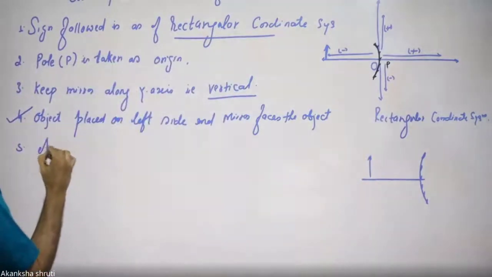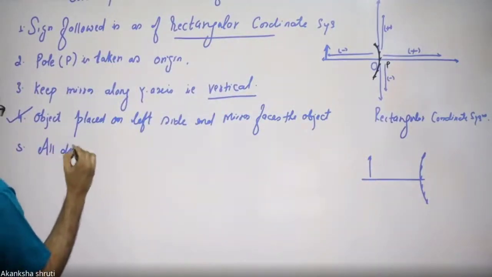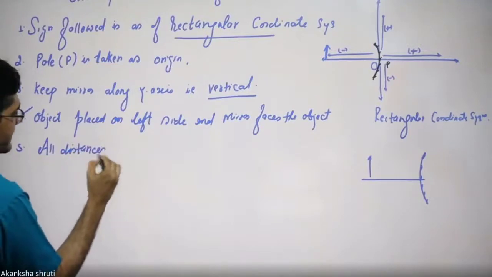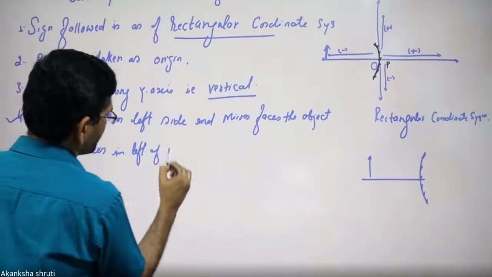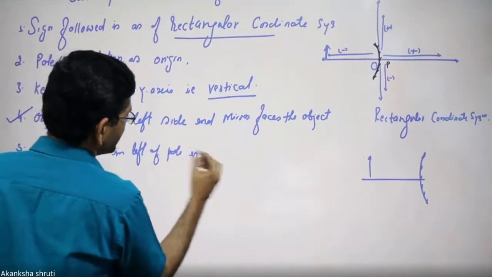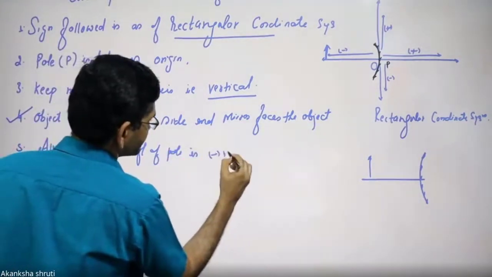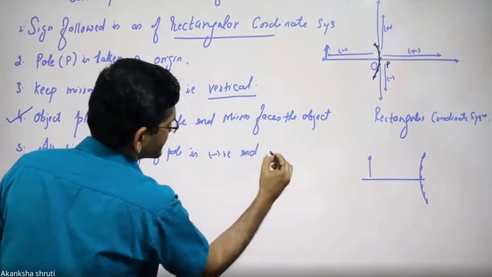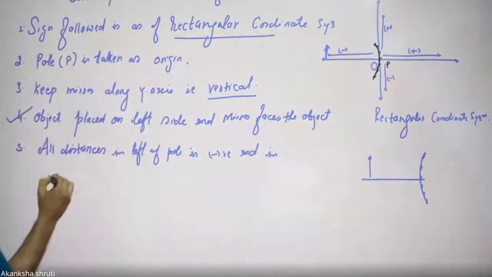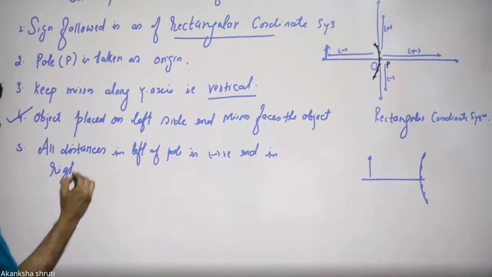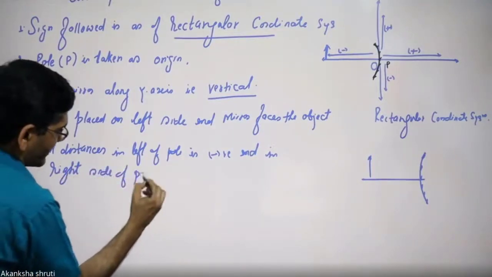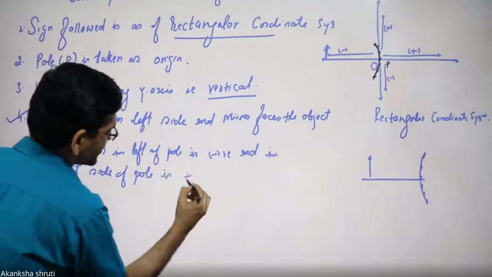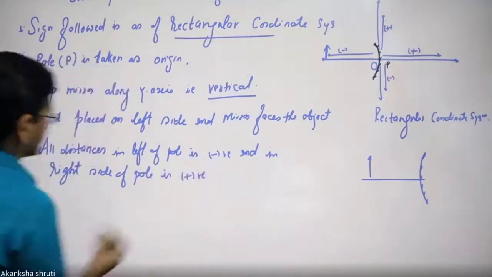So write all distances in left of pole is negative and in right of pole, right means right side of pole, is positive. Okay, student, it is this one.